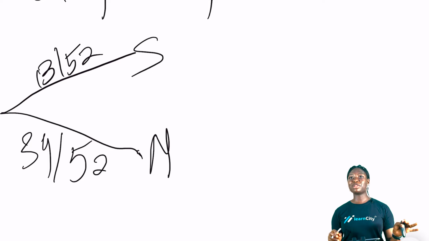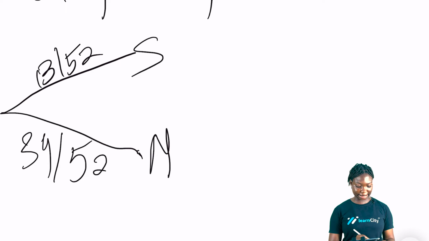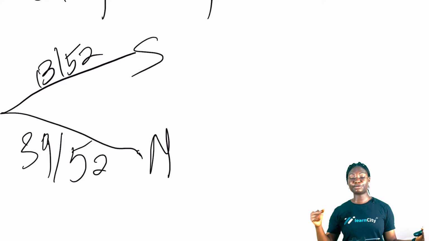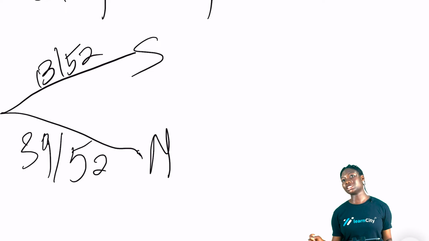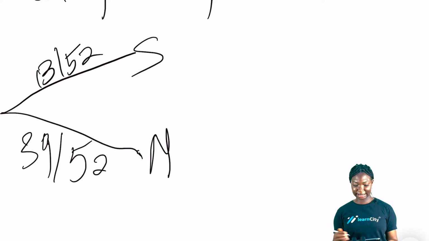So the probability of it being a spade is 13 and probability of not being a spade is 39. S is representing a spade and N is representing not a spade. So in a total pack of cards for the spades, we have 13.